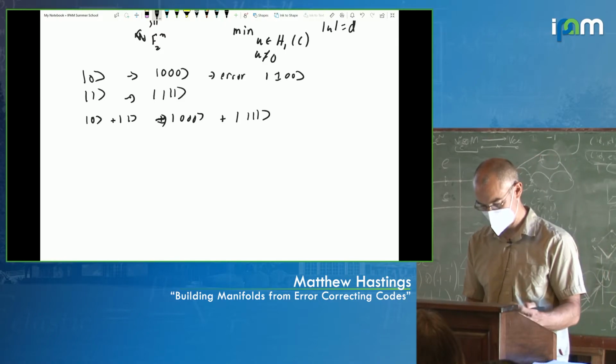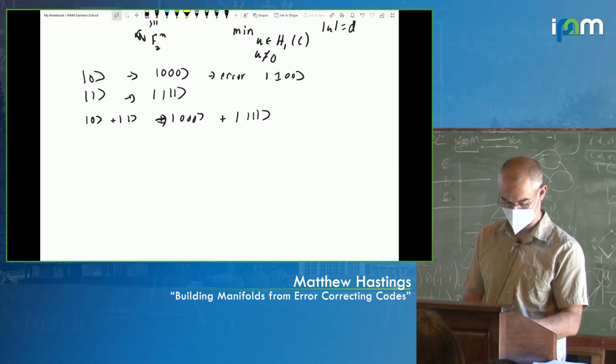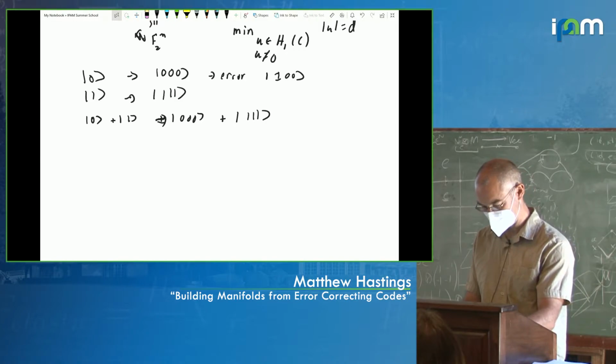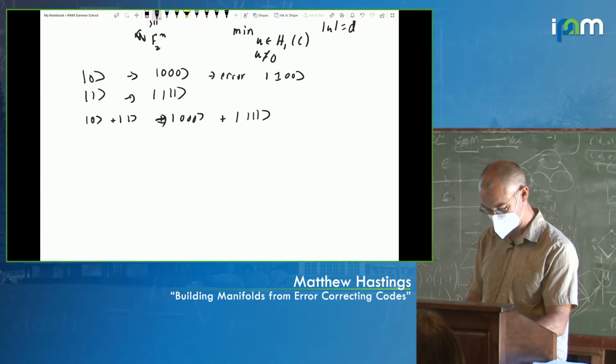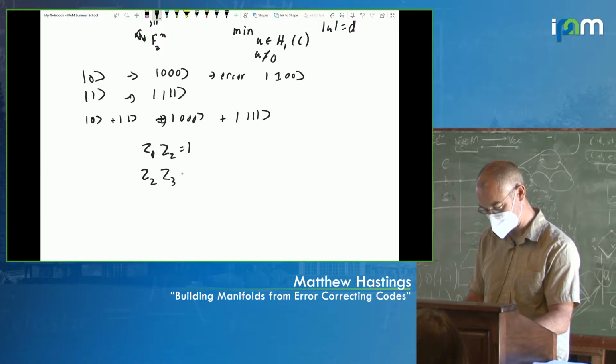Now I'm going to switch notation and use Pauli matrices. For this classical error correcting code, I'll call the qubits 1, 2, and 3. So Z1 Z2 is plus 1, and Z2 Z3 is plus 1.